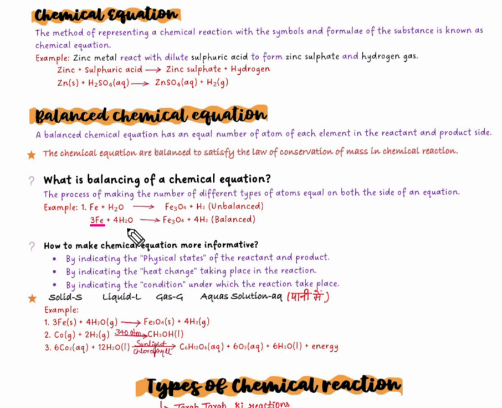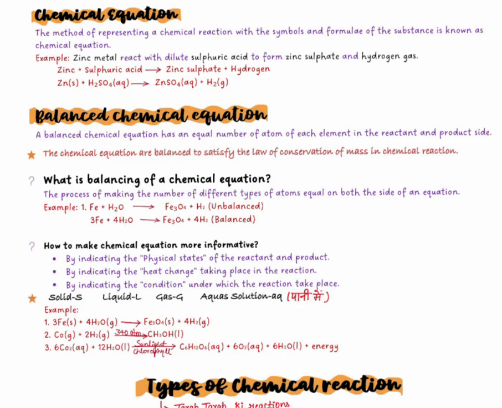But now consider oxygen. Here we have 4 oxygen atoms. To balance them, we write 4 in front of H2O. So we get 4H2O. But now hydrogen is unbalanced. To balance it, we write 4H2 here, and now this reaction is balanced.